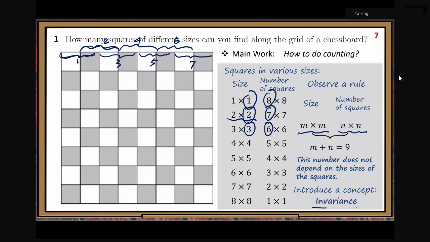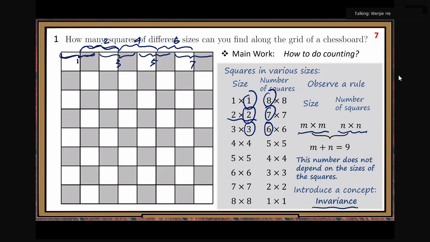So in problem solving, this invariance property is very important. This property can help us keep track of the data. So many times if we work on the data directly, it's very easy to get lost. Hard to keep track of the data.